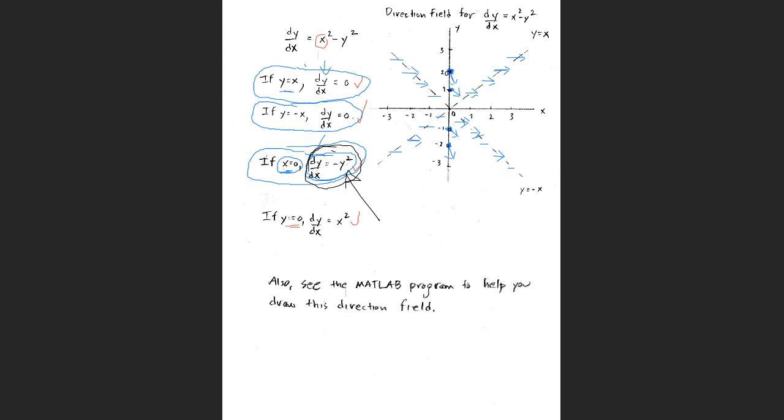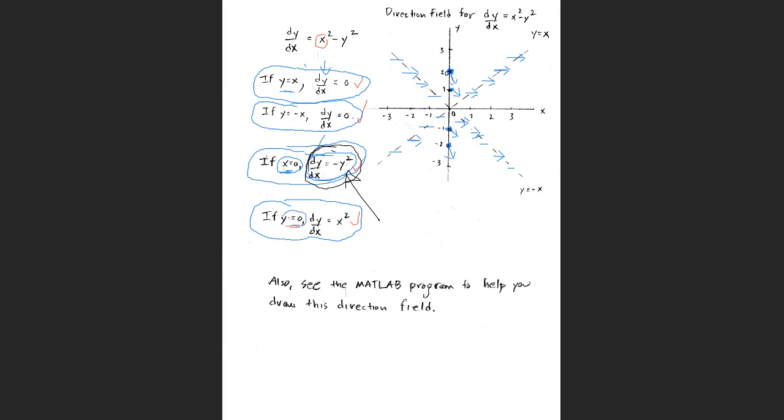Good, all right, Christopher. And now let's look at this last piece of information. When y equals 0, dy/dx equals x squared. Well, y equals 0, we know that as the x-axis.